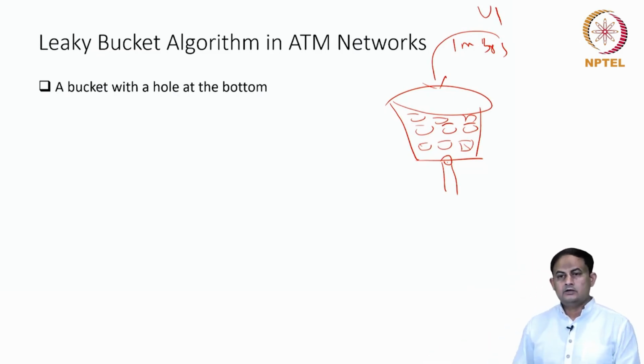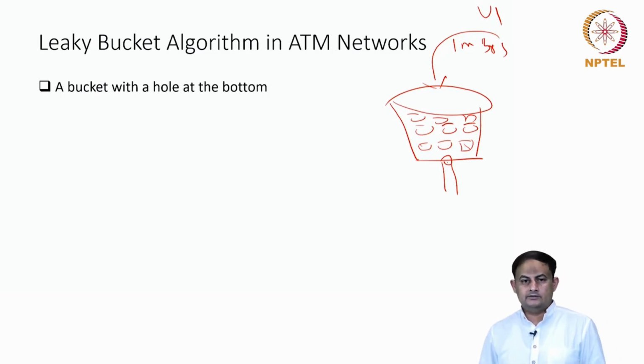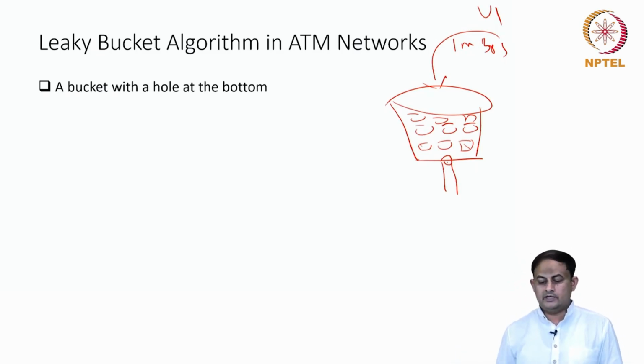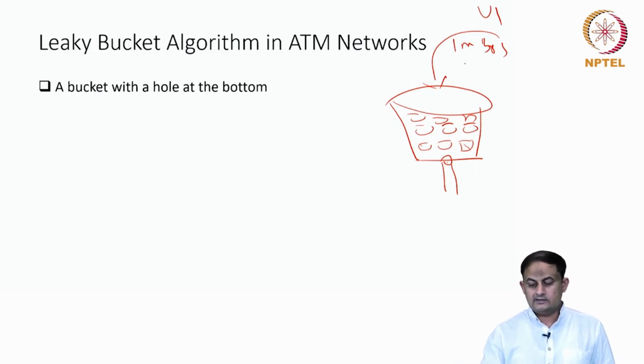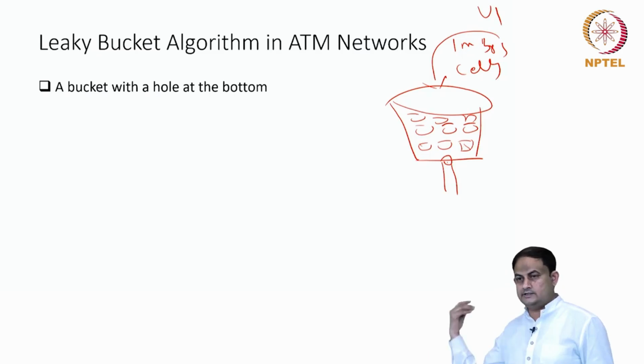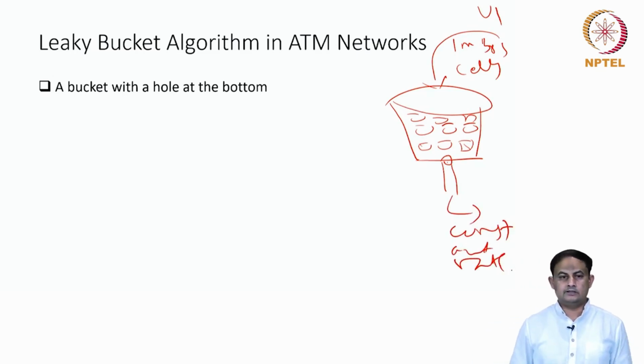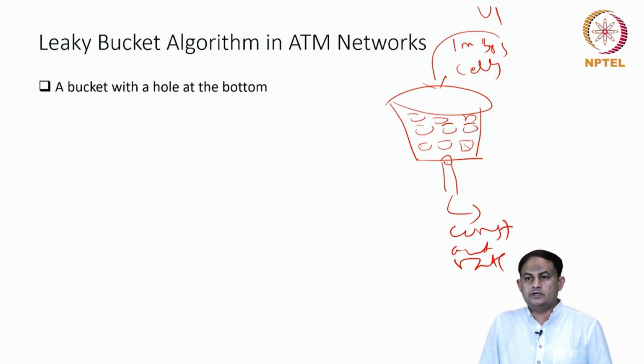This algorithm was primarily designed with ATM networks in mind. In ATM networks, the packets are technically called cells. Cells arrive at a certain rate, are put inside this bucket, and exit from the bucket at a constant rate. One nice thing about ATM networks is that all the cells are of equal size.